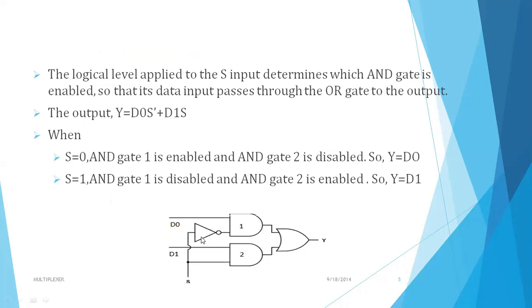Here there are only two inputs, D0 and D1, and one selection line. The selection values are either 1 or 0. Here this one is the D0 value and this one is the D1 value.